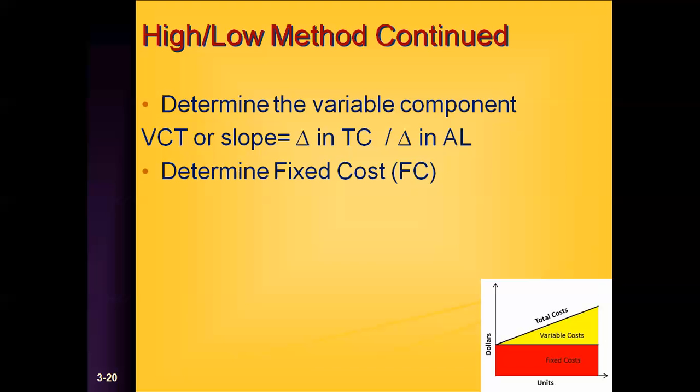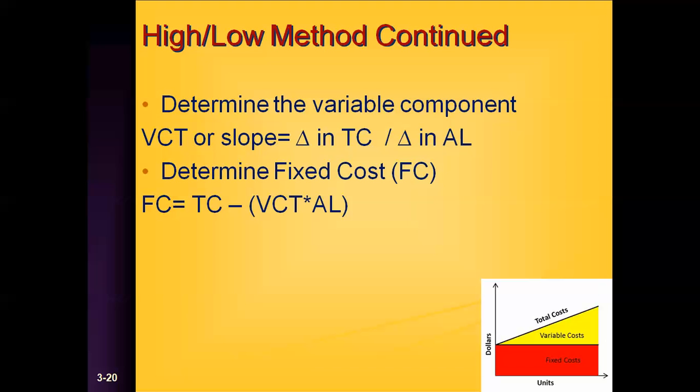Okay, so for the determination of fixed cost, the formula would be fixed cost equals total cost minus the slope, which you have calculated, times the activity level.